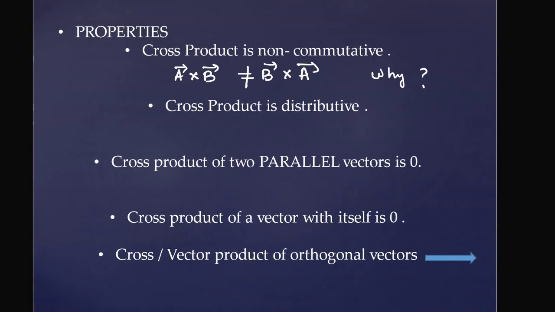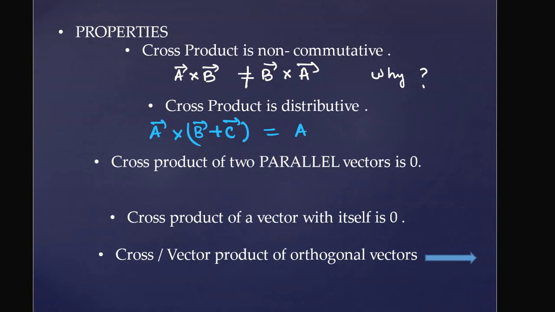Cross product is distributive. What do you mean by that? Distributive means, if I write A cross B plus C, if there are three vectors, B and C are added up and the sum of the two vectors has a cross product with A. So what will happen?